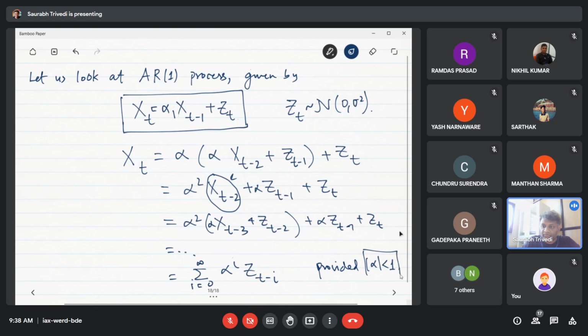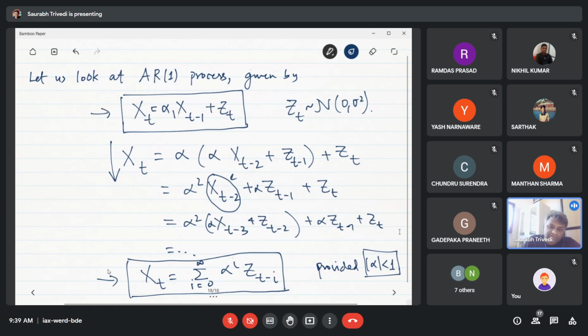Okay, this we can do when mod of alpha is less than 1. So when you start with an autoregressive process of order 1 and you do the same thing that you did with the MA process, you get xt equals summation i equals 0 to infinity alpha i zt minus i, right?